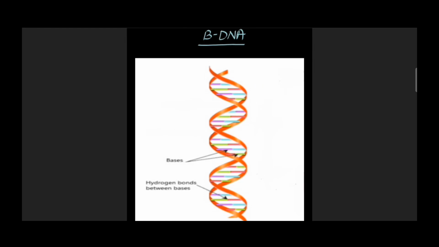So this diagram is showing the bases and the hydrogen bond, and this particular red structure is actually the backbone, that is the sugar and the phosphate, right? And the sugar which is present in this particular DNA is deoxyribose sugar, which does not have an oxygen in the second prime carbon, right?